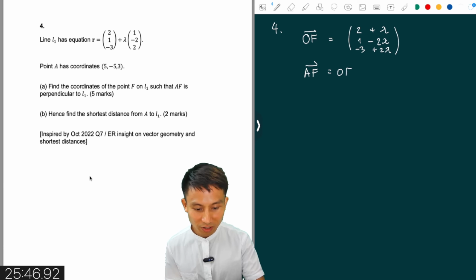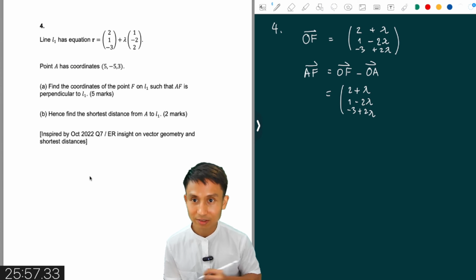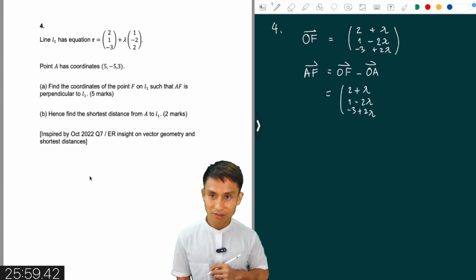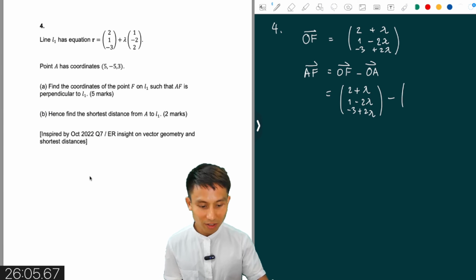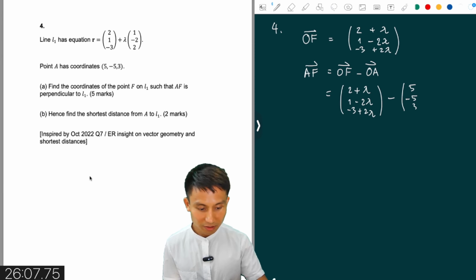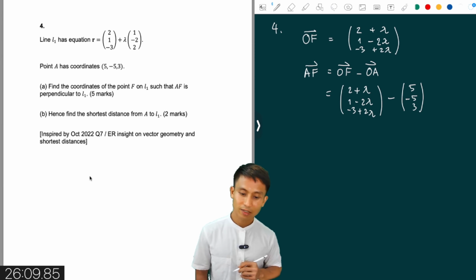AF would just be OF minus OA. And that is just 2 plus lambda, 1 minus 2 lambda, minus 3 plus 2 lambda. Just checking if I didn't copy anything incorrectly there. And then minus OA, well, we already know A there is given, so this is not hard. There you go.